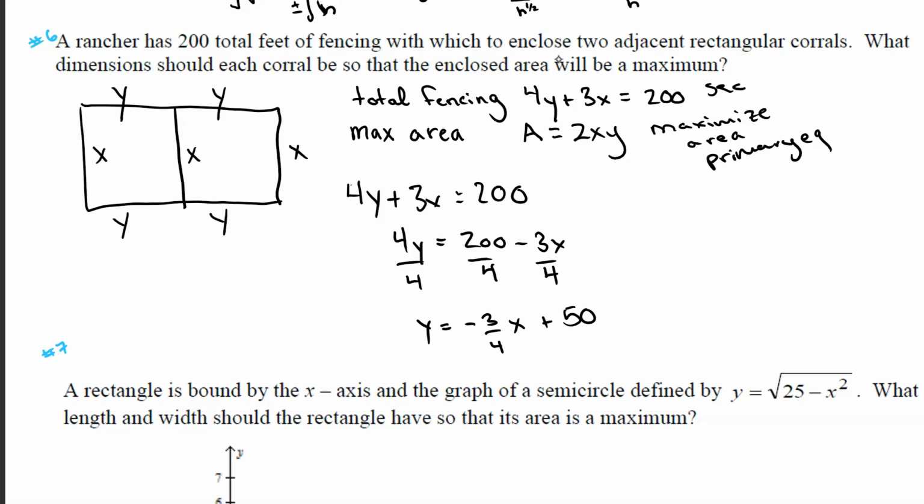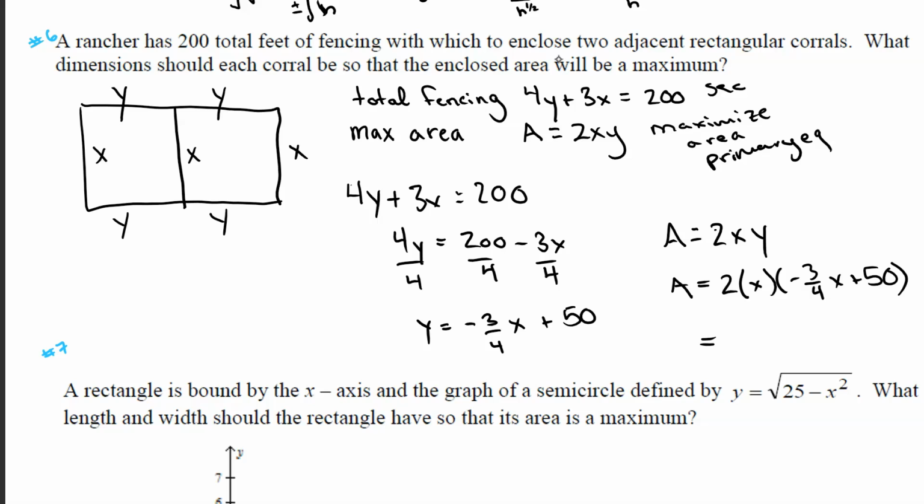Now we're going to substitute that into our equation for y. So I've got my primary equation, A equals 2xy. So now I've got A equals 2 times x times negative 3/4 x plus 50.